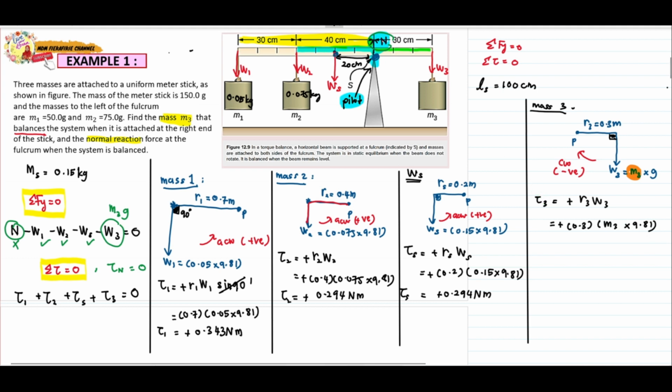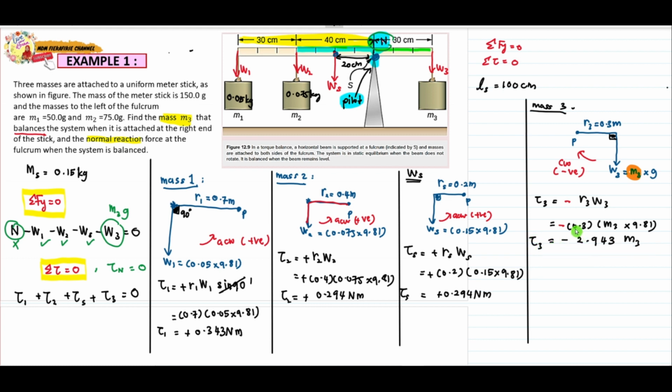Sorry, torque 3 ni adalah negatif. Okay, jangan careless, clockwise direction should be negative. Okay, so 0.3 times 9.81 saya selesaikan dulu. So negative 2.943 M3. So jawapan ni belum ada lagi. So this is in terms of M3.